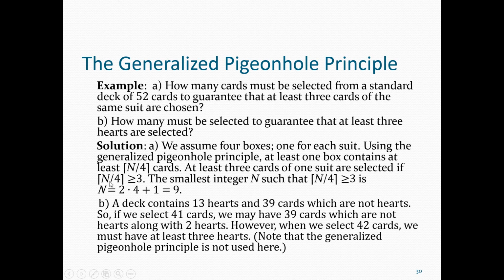So in order to make it greater than 2, n must be greater than 8, that is, n can be 9. So n is 9. The answer to this question is that we have to choose 9 cards to make sure that 3 cards of the same suit are chosen.